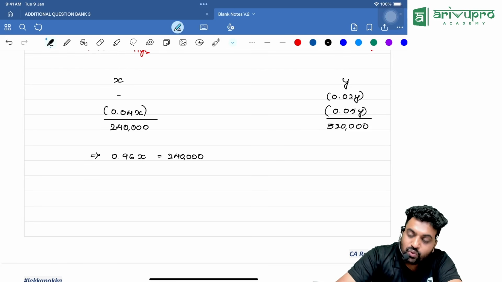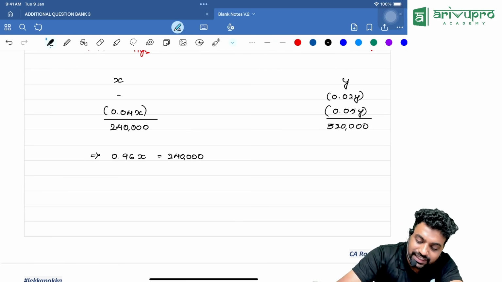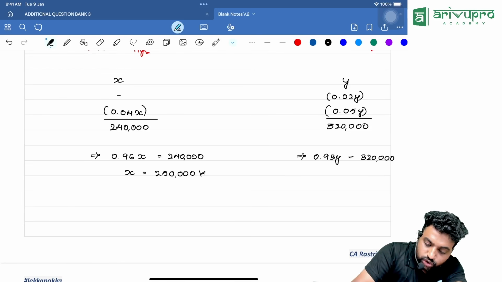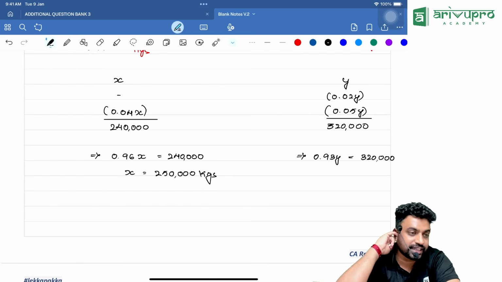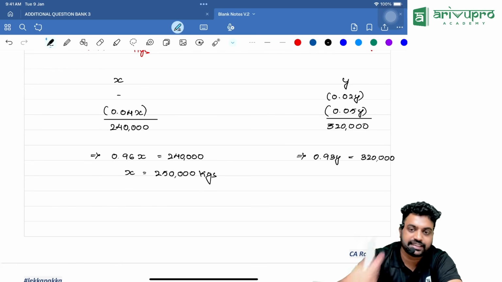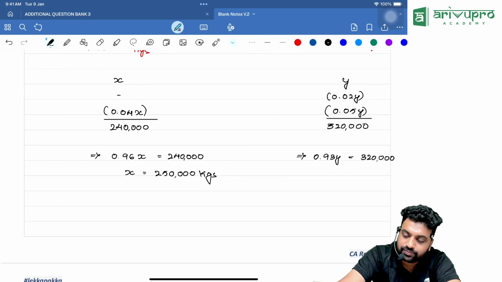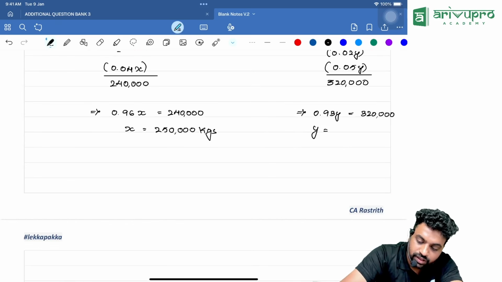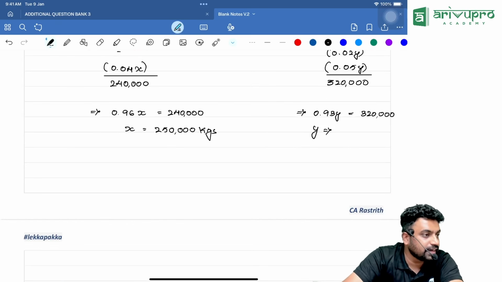Here it is y minus 0.02y minus 0.05y, that is 0.93y, equal to 3,20,000. x is 2,50,000 kgs. So you have to purchase 2,50,000 kgs, not 2,40,000 kgs. Whereas y is 320,000 divided by 0.93.